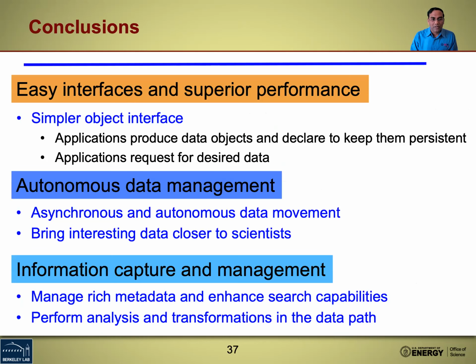Okay, so to conclude my talk, storage systems and I/O are moving towards providing easy interfaces that are helpful for science and also obtain superior performance on large-scale systems. Simpler object interfaces are a typical way to go towards that. And data movement and data management should be more autonomous, in the sense that the user doesn't have to maintain how everything is maintained in the file system.